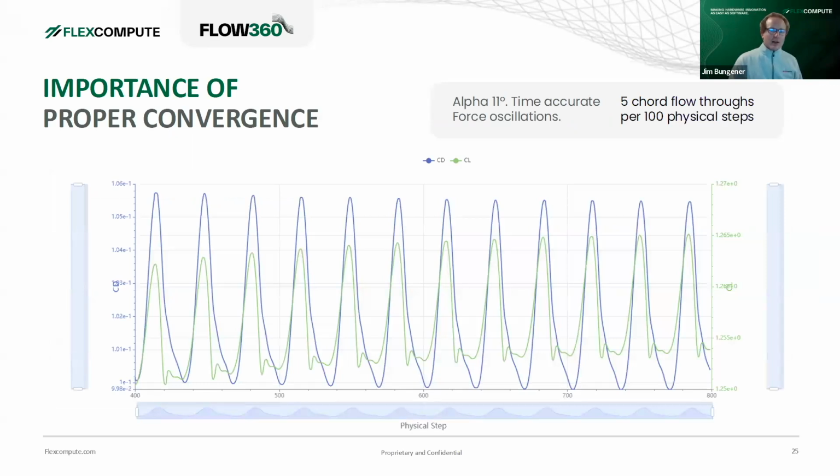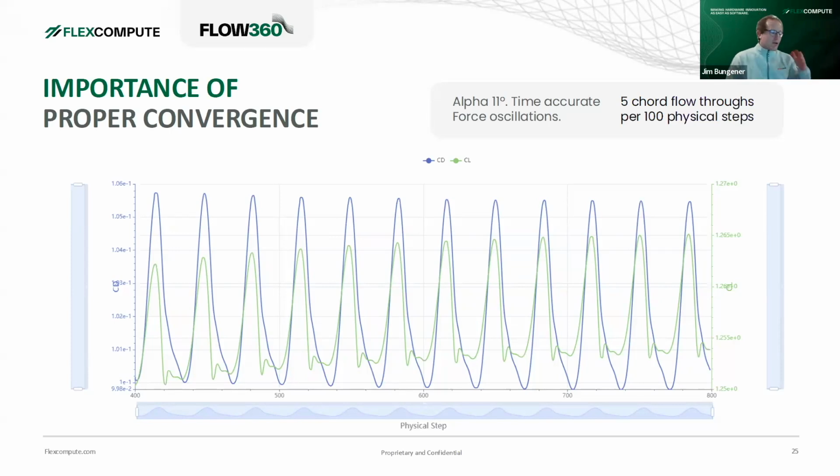That's the same simulation done in a time-accurate manner. And you can see the variations in lift and drag as that separation bubble on the trailing edge of the wing moves around. So the idea there is to properly look at your forces and their force convergence to make sure that you are not averaging a time accurate phenomena in a steady state fashion in a way that varies through time.